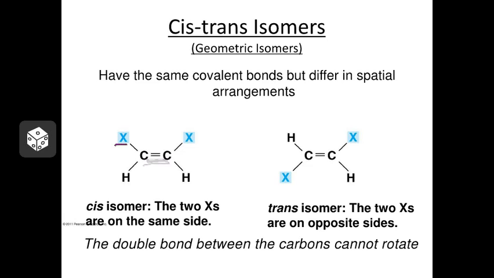If the molecule has what we call the cis arrangement, then two of the things connected to the carbon will be on the same side of the double bond. If they have the trans arrangement, then those two things will be attached to opposite sides of the double bond. So cis is the same side, trans is opposite sides.